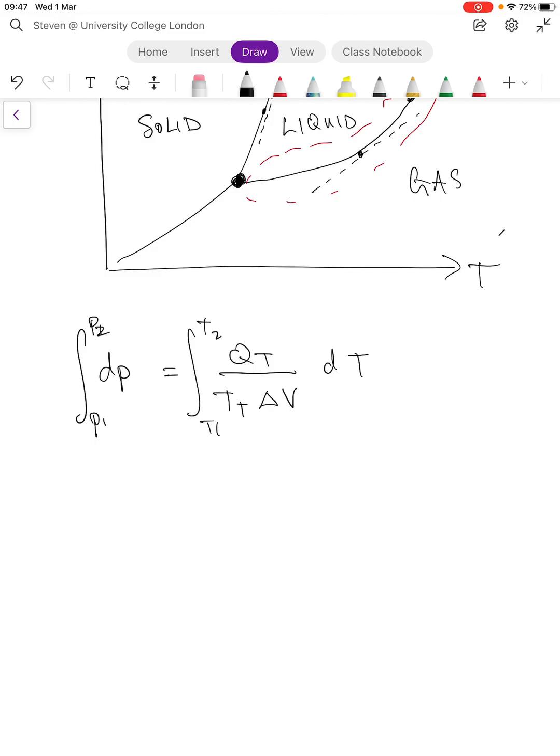So what we need to do is to look at this quantity ΔV, right? ΔV for the liquid-gas phase transition is going to be the volume of the gas minus the volume of the liquid, right? But we know that the gas state has a much greater volume than the liquid state, right? So we can say that ΔV is approximately equal to the volume of the gas.